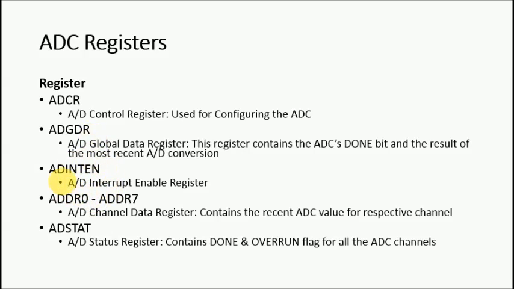Next is ADINTEN, the AD interrupt enable register, which enables the interrupts related to the ADC operation. Then ADR0 to ADR7 are the channel data registers, holding the recent ADC value for the respective channel. Then ADSTAT, the status register, contains the done and overrun flags for all the ADC channels.